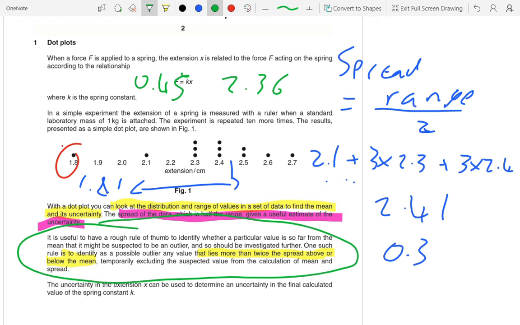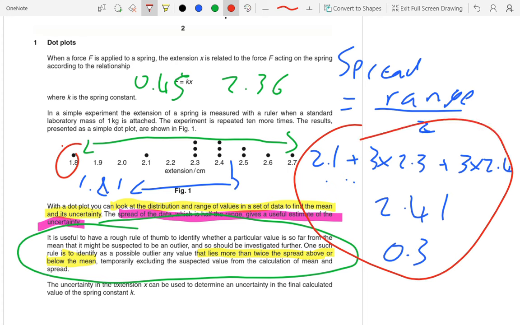But you don't want to do that because 2 times 0.45 is 0.9, which is the whole range of the data. So anything would be included if you included 1.8, because it would include every single point. You would take the range from the lowest point to the maximum point. You get 0.9, so anything in between that, add or minus 0.9, would be included. So you want to do it without the suspected anomaly first, and then see what happens.